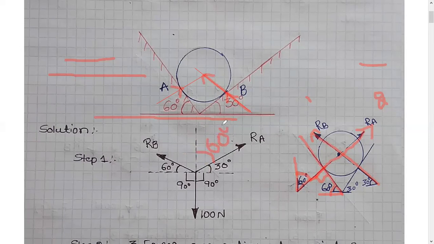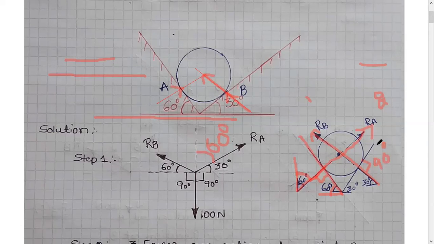The same way for the second one, RB is a reactional force developed at the contact surface B which is acting exactly perpendicular to this particular plane. So RB and the second plane are framing a perpendicular, that is 90 degree.